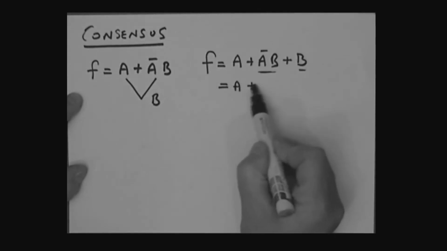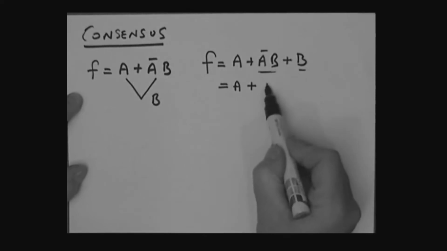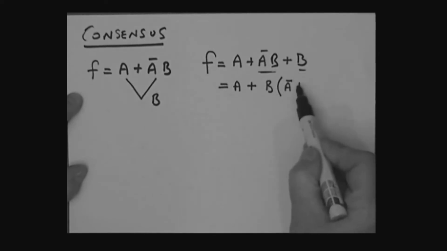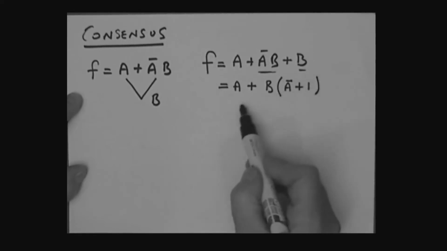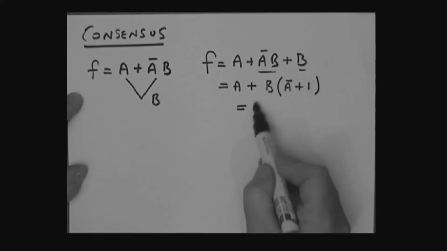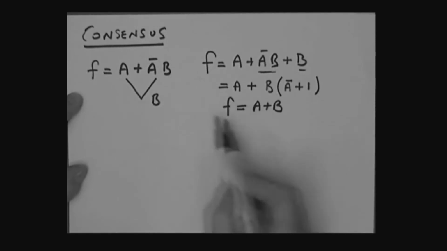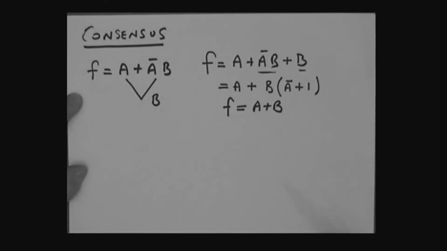So we've got A or, I can factor out the B, so let's put the B into A bar or 1. Now, 1 or anything is 1, and so this function then simply becomes A or B. So I've reduced the complexity of this function, resulting in A or B, using this consensus theorem.